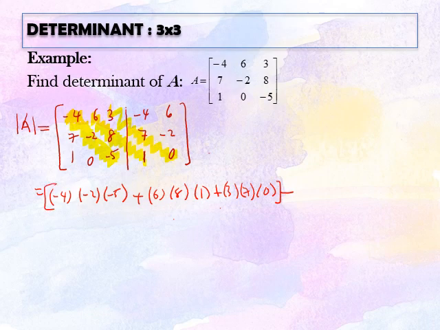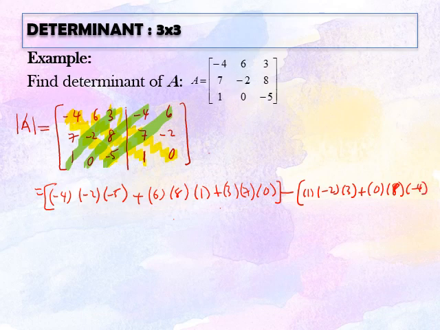Minus, now the second part. I'll use green color here. This one and this one. So it will be 1 times -2 times 3, plus 0 times 8 times -4, plus -5 times 7 times 6.